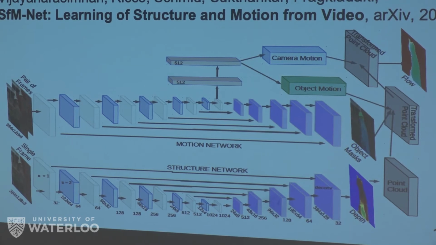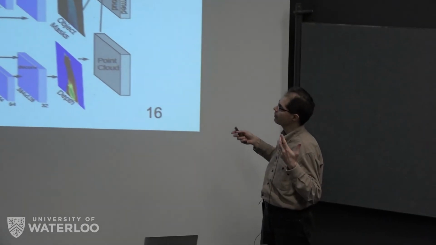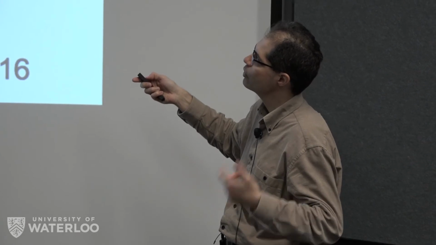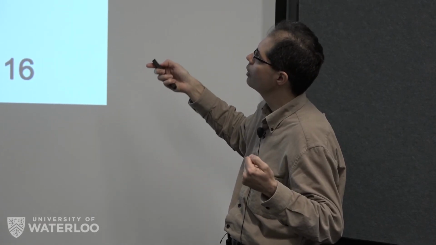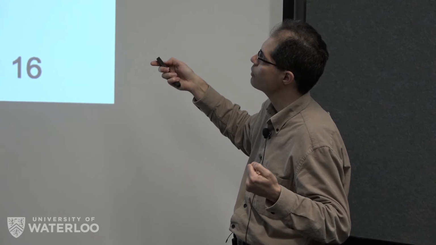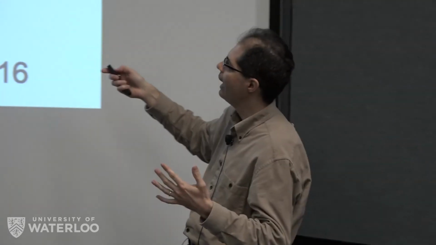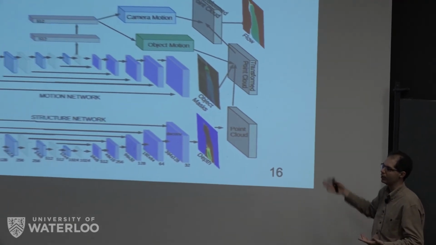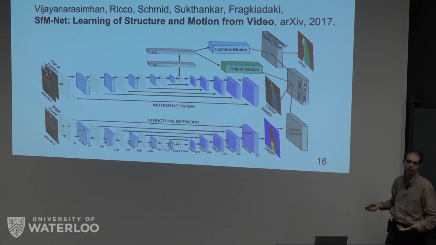I guess you can think of this as the structure pretty much forcing the computer to compute something that can be interpreted as camera motion, because if we interpret these numbers as camera motion, and same thing for object motion, then we can use those to compute a transformed point cloud. So there are some specific transformations associated with that. And then naturally, if it manages to compute the flow correctly, it will be very hard, given this structure, for it to compute something else that cannot be interpreted as camera or object motion.